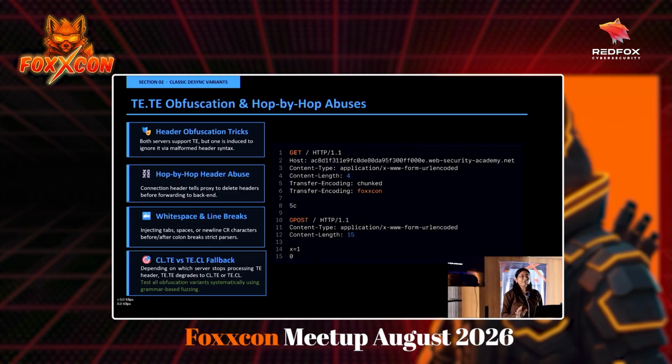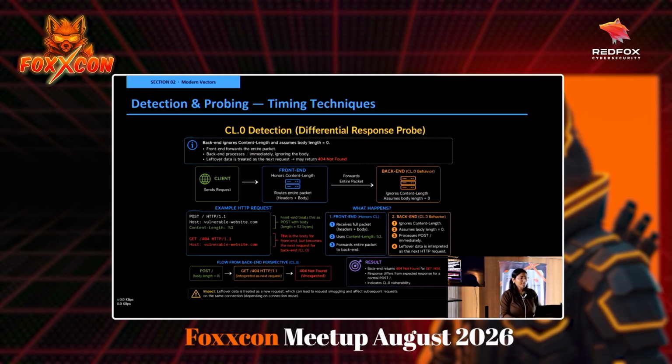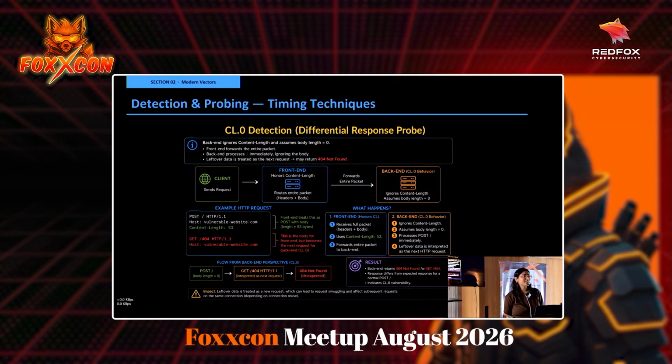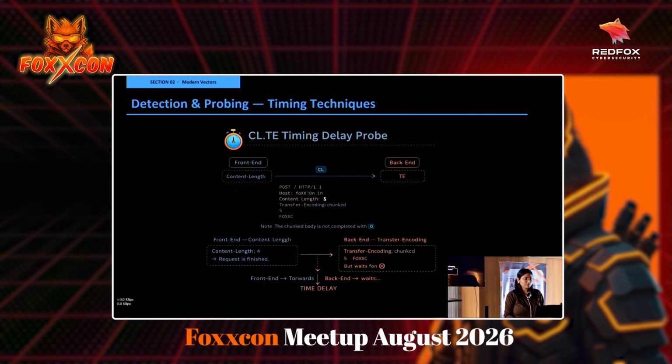Basically, every time one is using content length, one is using transfer encoding, or vice versa. That's why the problem is there. So in this also both are using content length, but one is considering the value of content length and the other one is considering 0. Okay, content length as 0. Okay, these were the different variants.